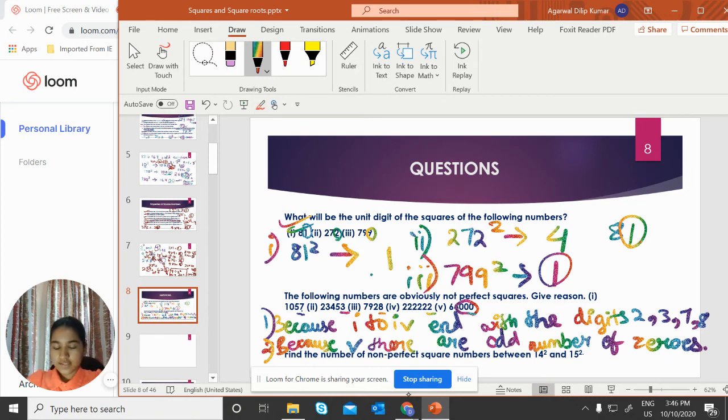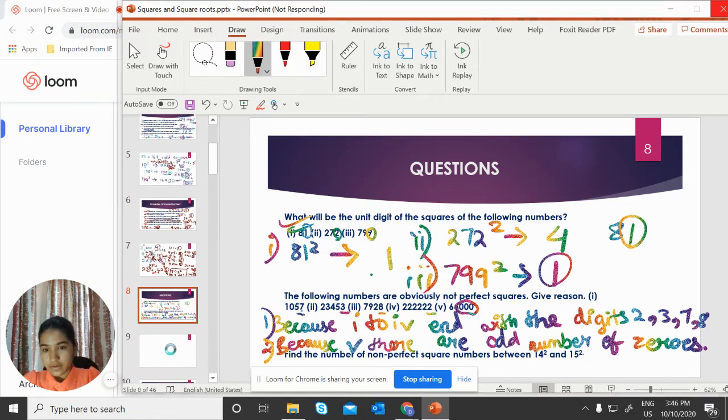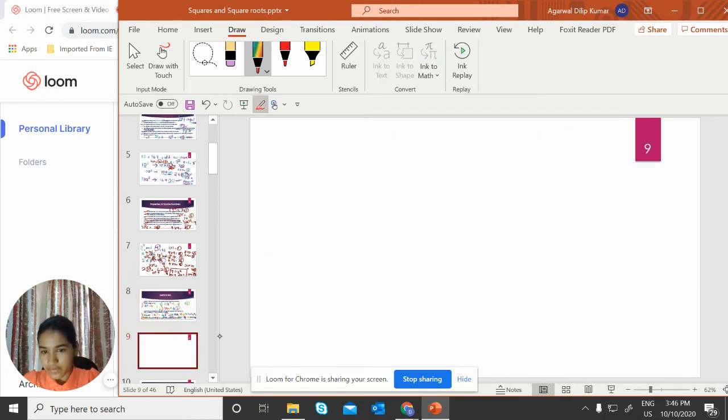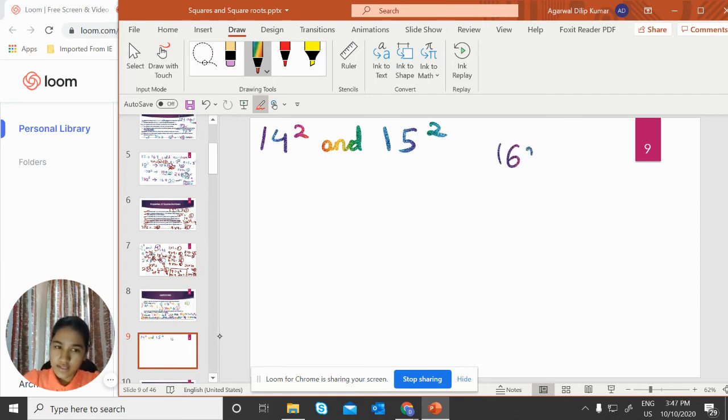Let's see what's next. Find the number of non-perfect square numbers between 14 squared and 15 squared. Yes, so this is the question. Now 14 squared is 196, and 15 squared is 225.